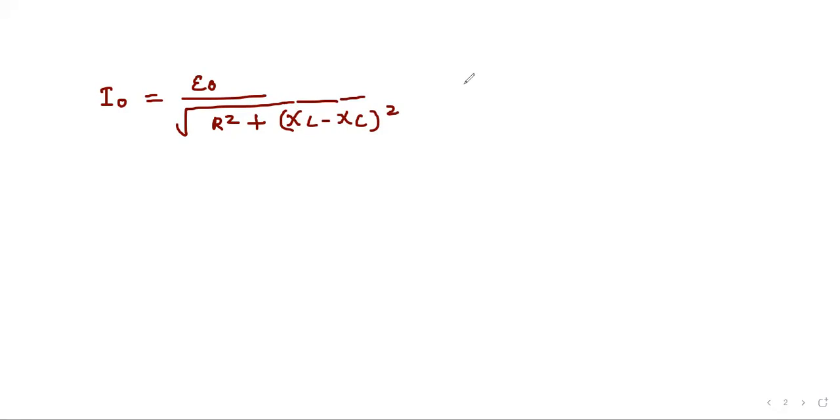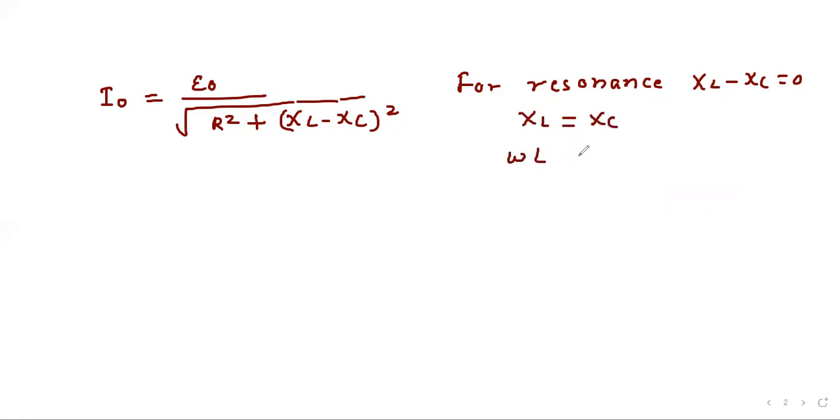So for resonance, XL minus XC must be 0 or XL equal to XC. So this is omega L equal to 1 upon omega C, or omega square equal to 1 upon LC, which gives omega equal to 1 upon root LC.